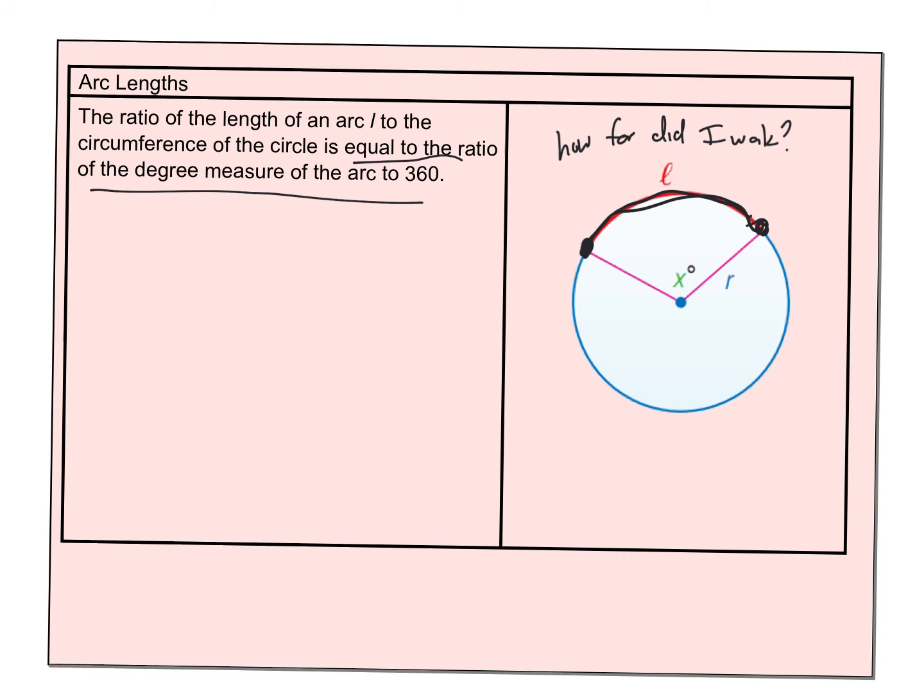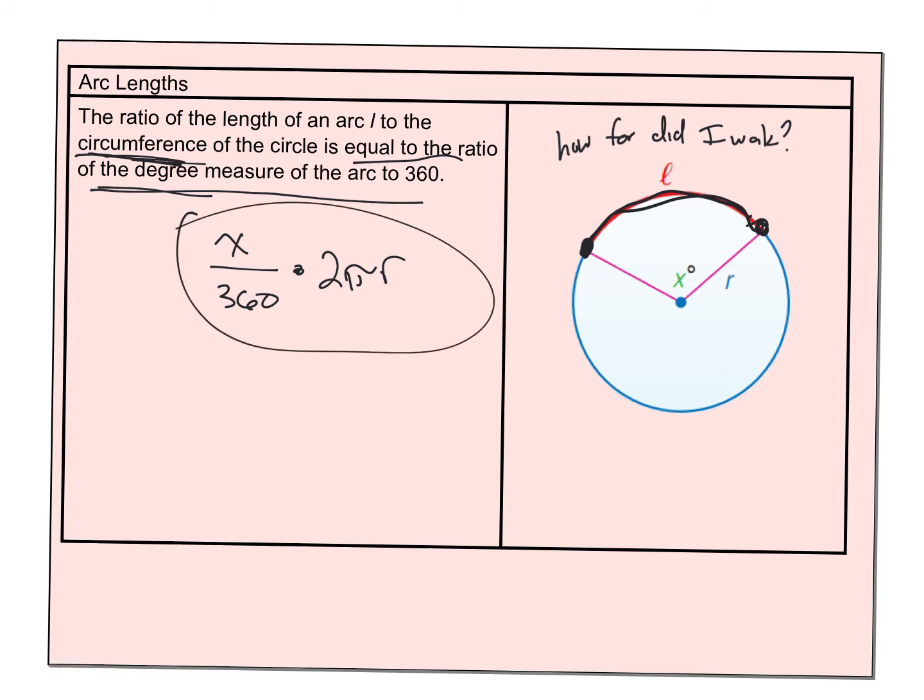So the ratio of the length of an arc L to the circumference of the circle is equal to the ratio of the degree measure of the arc to 360. Basically, you take your central angle over 360 and multiply that by the circumference, 2 pi r. That's all you're doing: figure out your circumference, take your percentage out of 360.